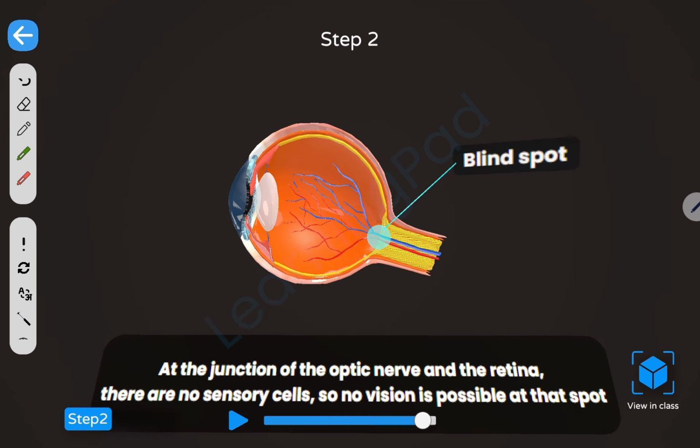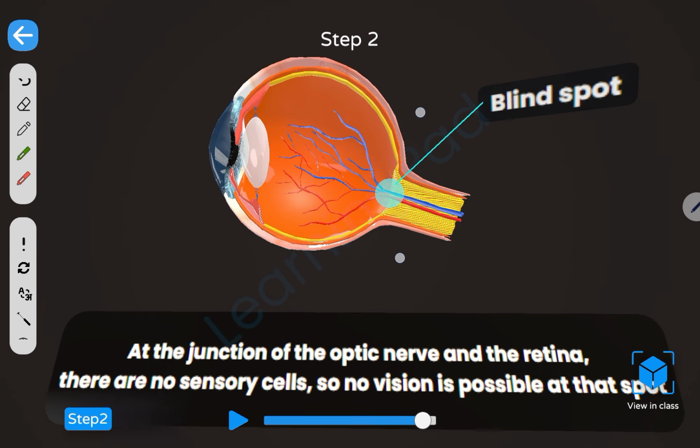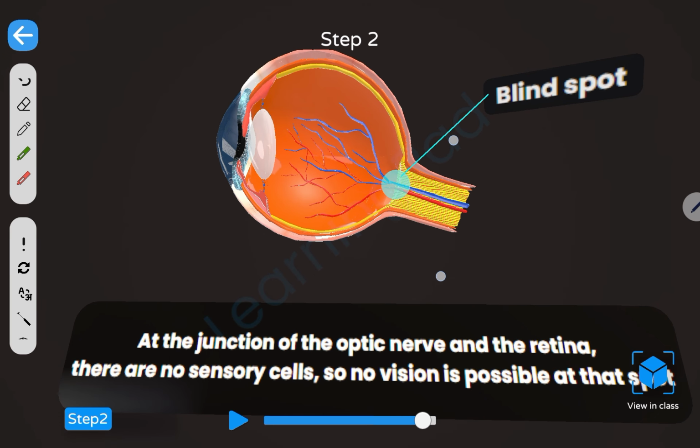So there is a junction. See, as I told, this yellow colored line is the retina, right? So here at this junction, there are no sensory cells present.